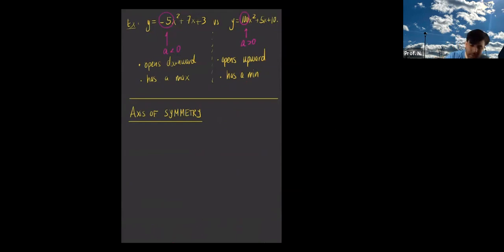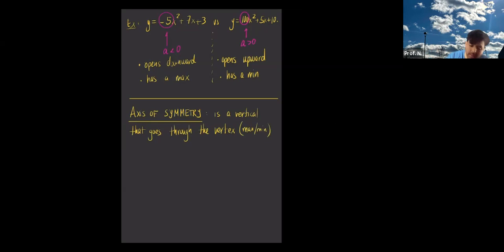So this axis of symmetry is a vertical line that goes through the vertex of a parabola. So the vertex is either the maximum or the minimum point. So it's a max or min.